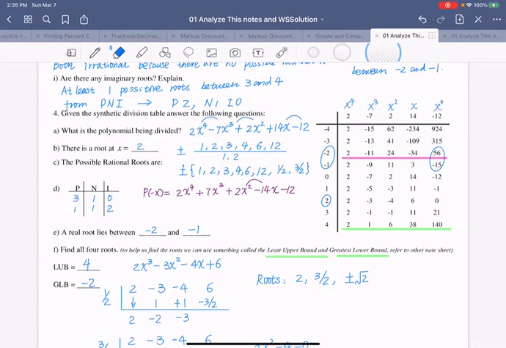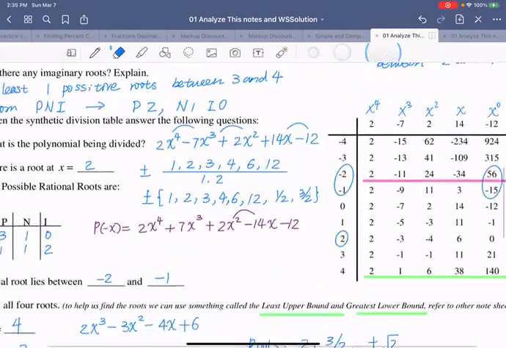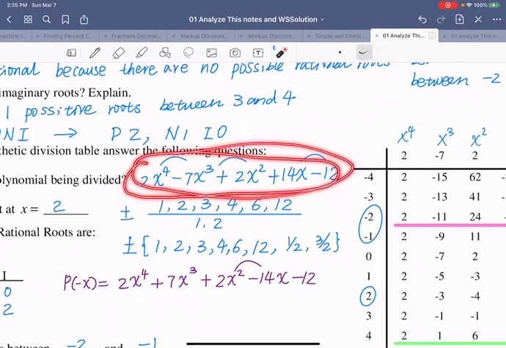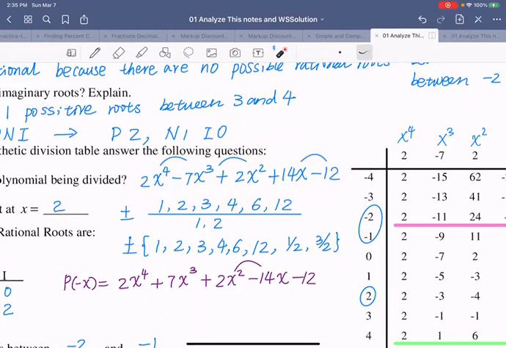Olivia, let's check the PNI. Based on this, what should I put for P? I'm actually still kind of confused about the PNI. So this is your original P(x).